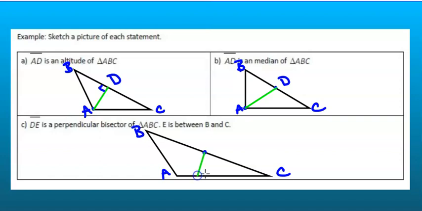I'm bad at this. Okay, as long as we make sure that we mark that, this would be DE. This is E right here, and this is D. Okay, so segment DE is a perpendicular bisector of ABC, and it said E is between B and C, so we did that right.